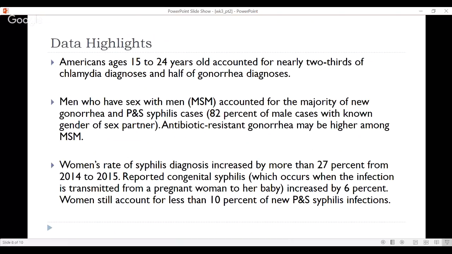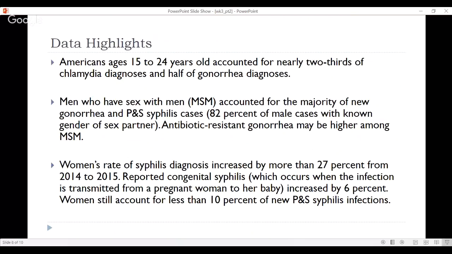Men who have sex with men accounted for the majority of new gonorrhea and primary and secondary syphilis cases. Also, antibiotic-resistant gonorrhea is found to be higher among MSM. As well, women's rate of syphilis diagnosis increased by more than 27% from 2014 to 2015. And congenital syphilis, which occurs when the infection is transmitted from a pregnant woman to her baby, increased by 6%.